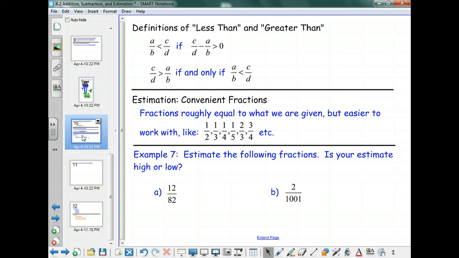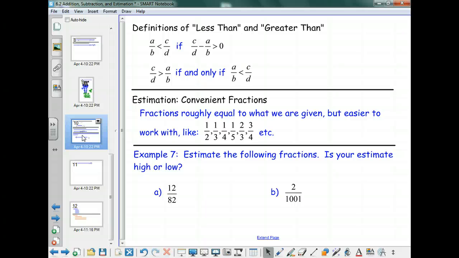So, definitions of less than and greater than. A over B is less than C over D if when you subtract the smaller one from the bigger one, you get a positive number. Something is going to be bigger if when you subtract the smaller value, you still end up with something positive. The second part has to do with the symbols being backwards.